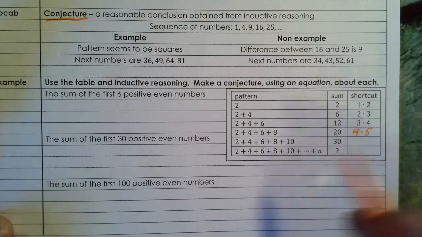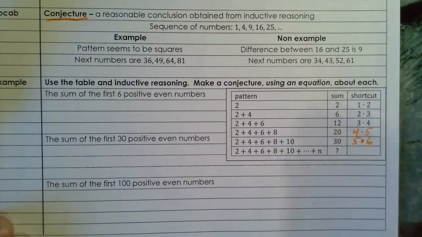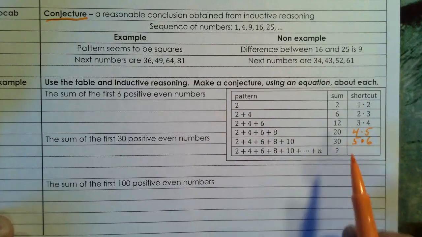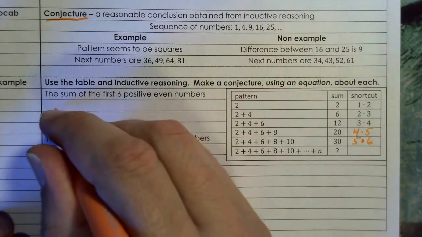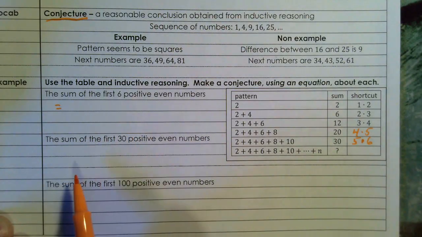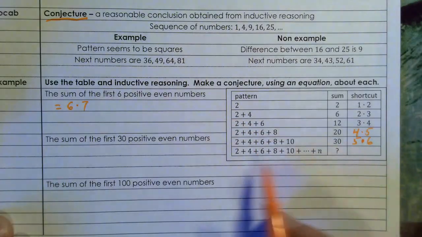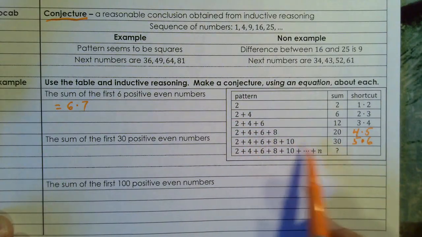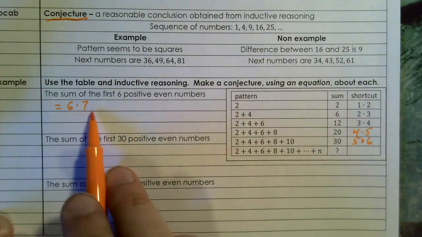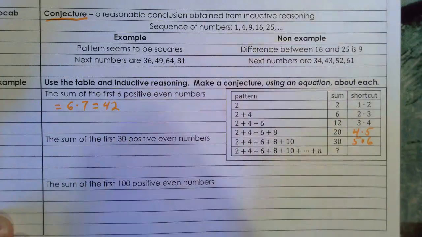And if we tick on one more number here, 5 times 6, that seems to be 30. So we think this sum, the first 6 even numbers, should be 6 times 7, because we did the first 1, 2, 3, 4, 5 right here. The next thing in the sequence should be 42.